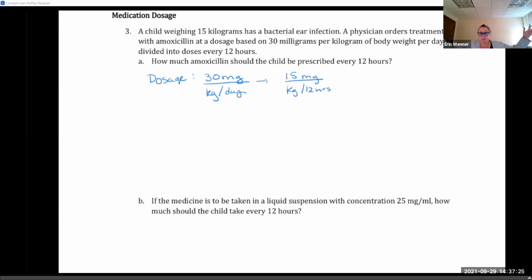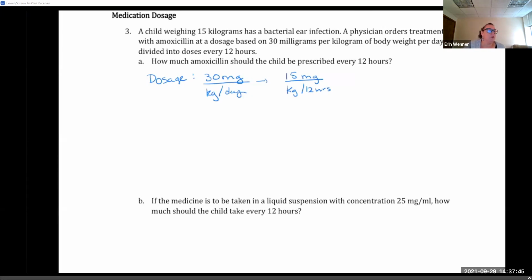Because again, I'm just taking the whole day, which is 24 hours, dividing it by half. So I'm dividing how many milligrams they're getting each time. And the reason we have to divide it by half is because their total over the course of the day has to reach that 30, which means we can only get 15 at the beginning and 15 at the second one.